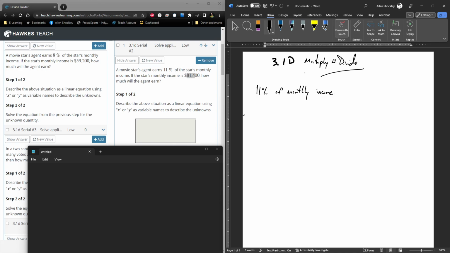From here, our monthly income is just $81,400. And so we're going to take 11% of that. But first we need the equation.